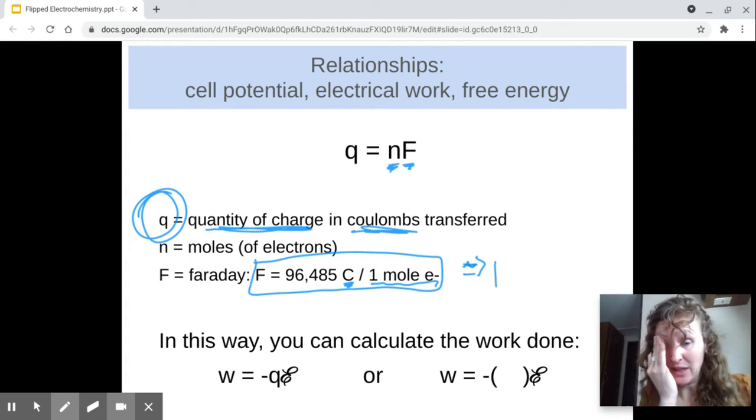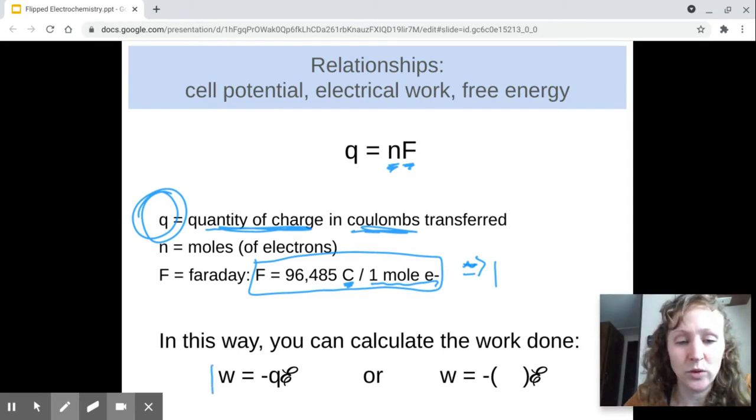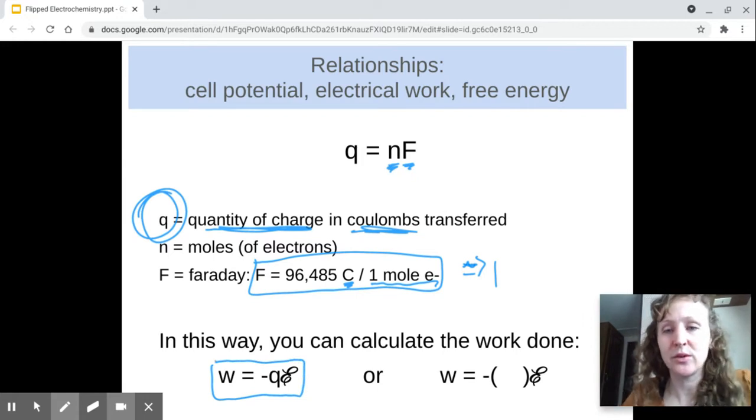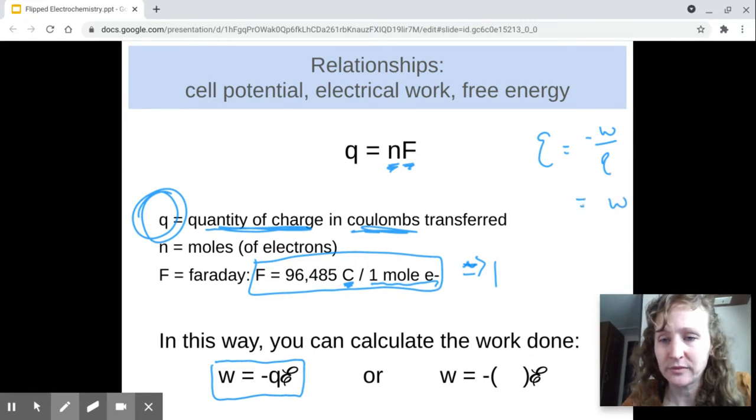Okay, so here we see charge defined as the amount of electrons that move through a wire. But we can also use this in the equation we just talked about, right? So if work equals negative Q times E, we just took that equation from the other page and we solved it for W. If I solve it for W, I have to multiply both sides by Q and then also multiply both sides by negative.